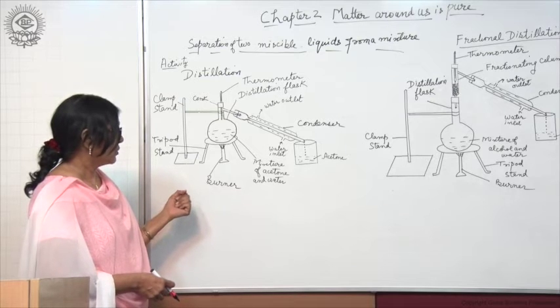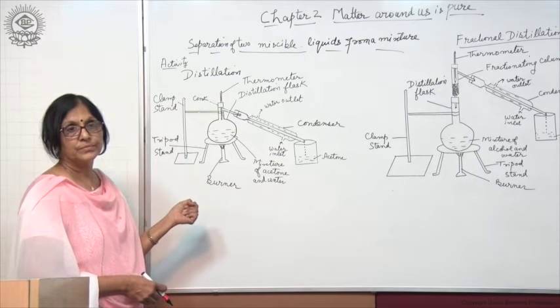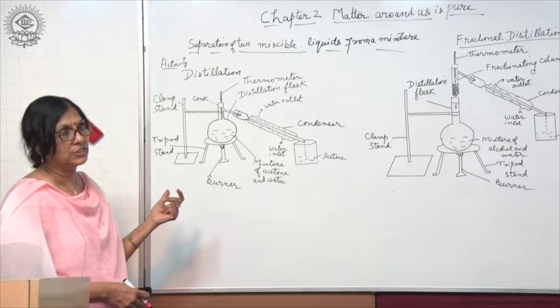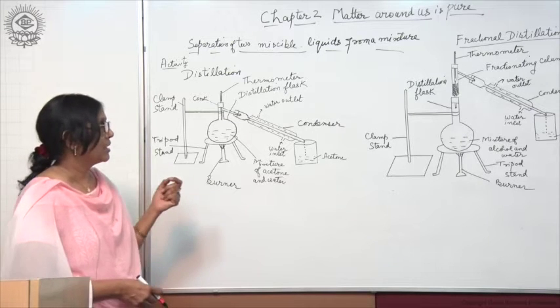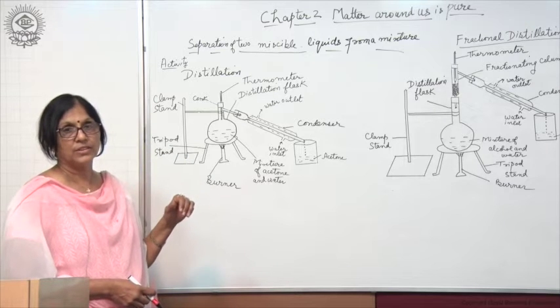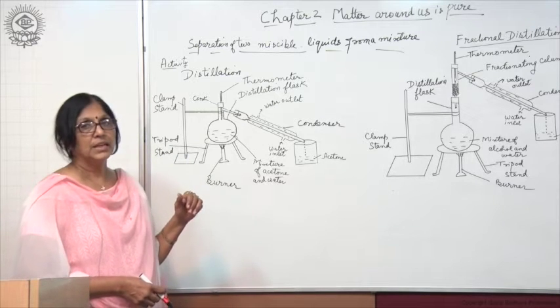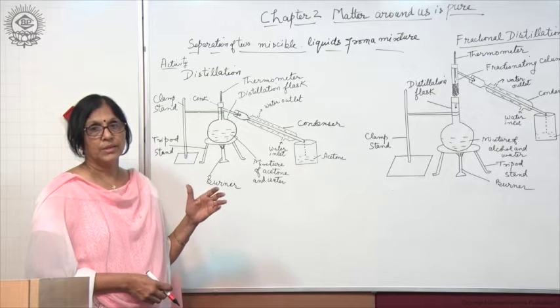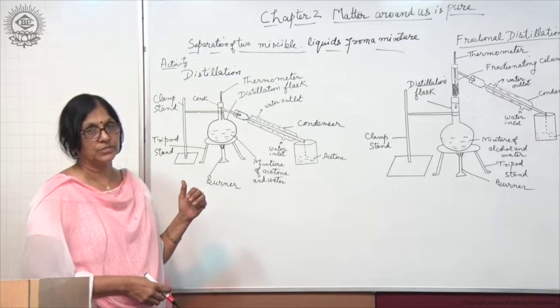Another method is also there, that is called fractional distillation. If the difference in the boiling points of the two miscible liquids is less than 25 Kelvin, in that case another method is used, fractional distillation.